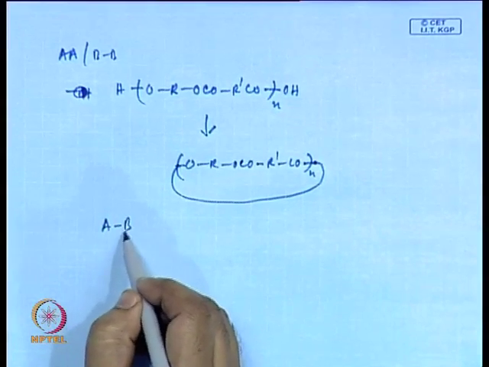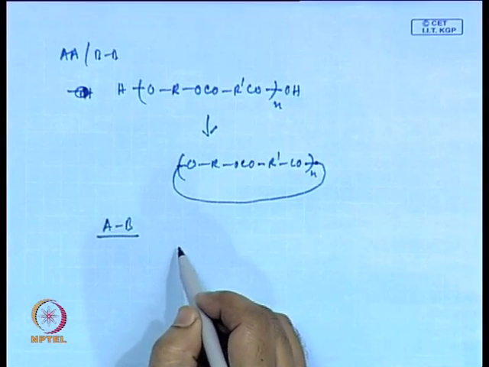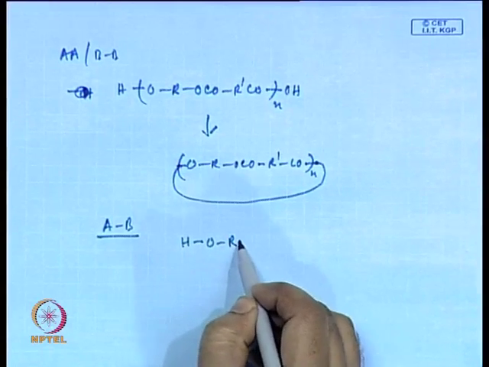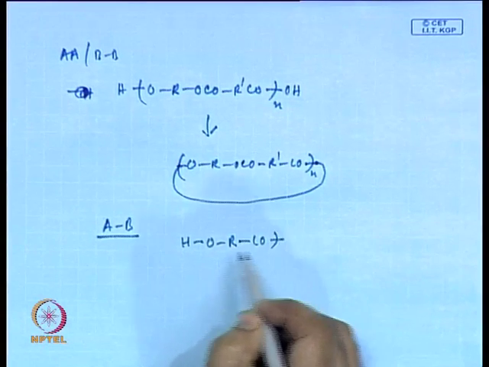Even in the case of an AB type monomer, you can also have cyclization at an intermediate step.